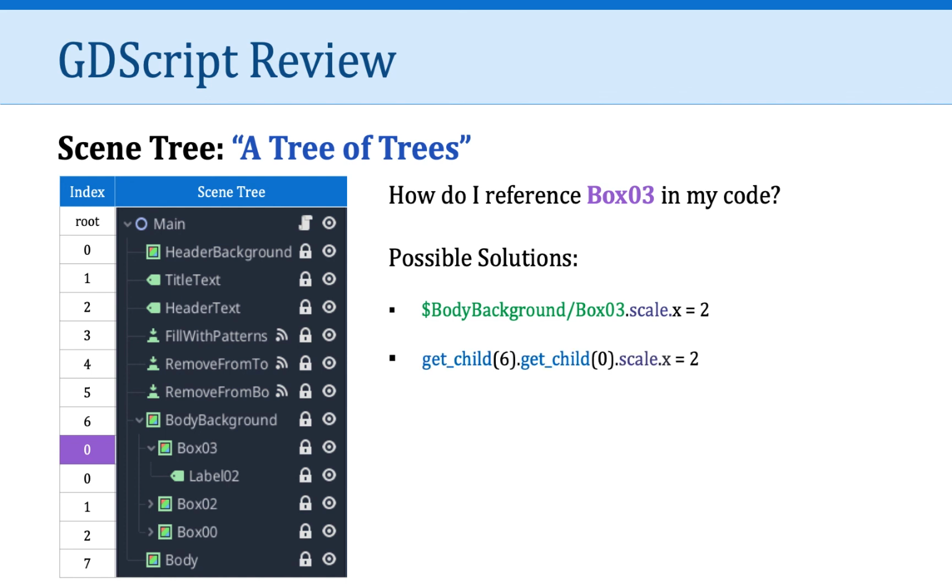Here's another example. I could say, Godot, get the child at index 6, which is body background, and then get the child of body background at index 0 and set scale.x to 2. And then, of course, a third way would be to say, get node body background. Once you have that, get a node of that body background named box 3 and set scale.x equal to 2. Again, three ways to accomplish the same goal.